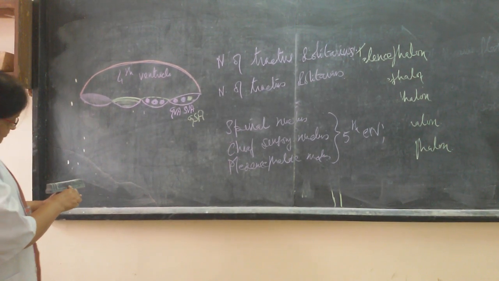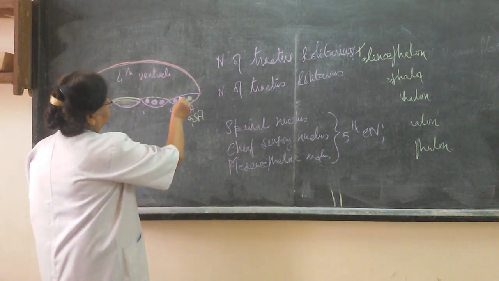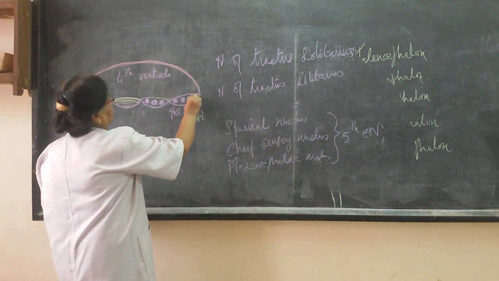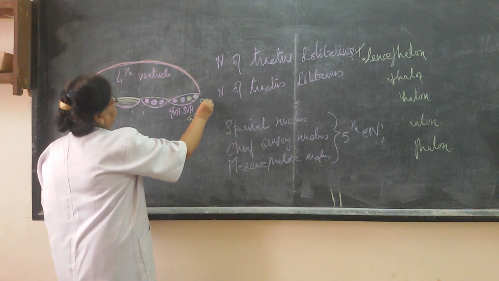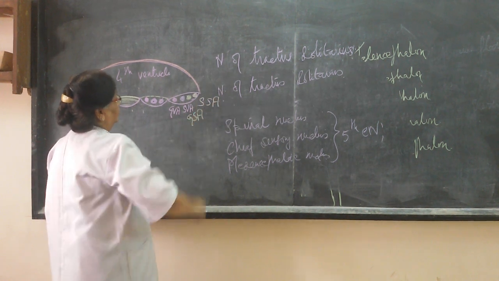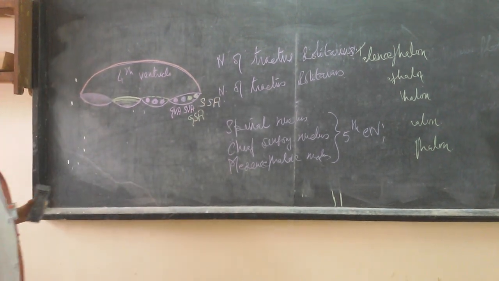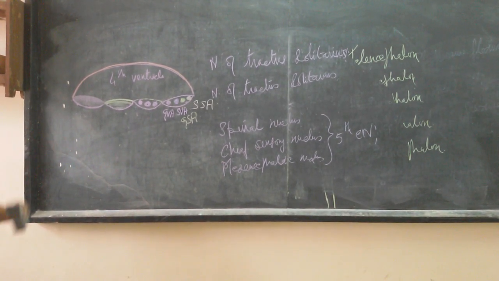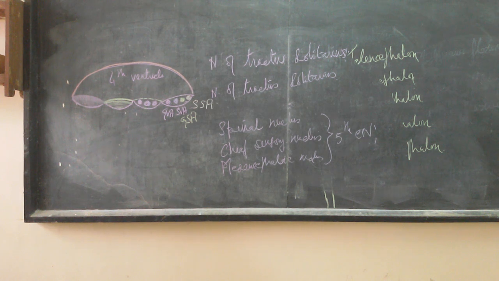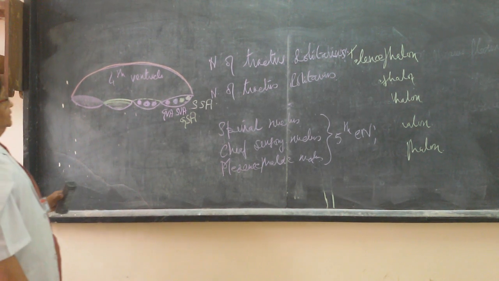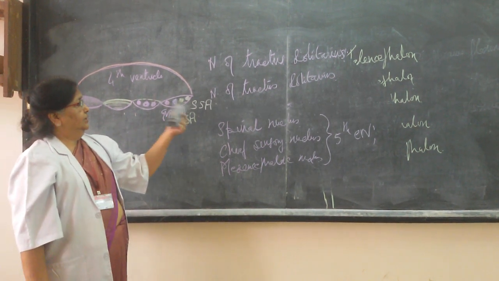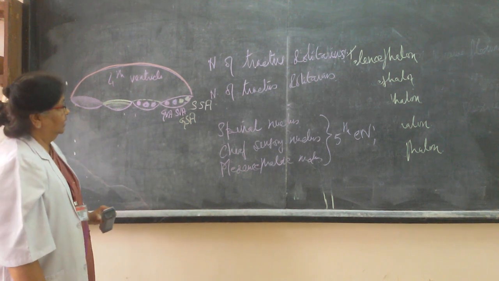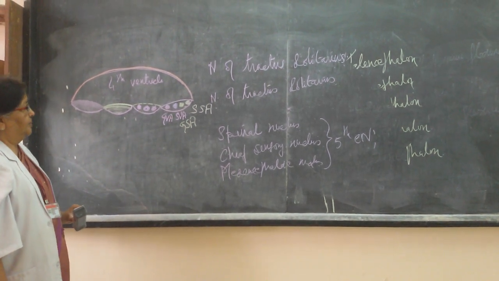And then comes the special somatic afferent. The special somatic afferent component is present in the 8th cranial nerve, and this is related to hearing and equilibrium.